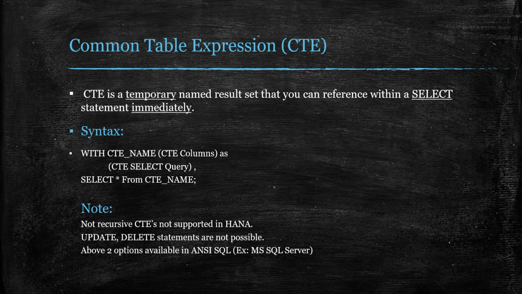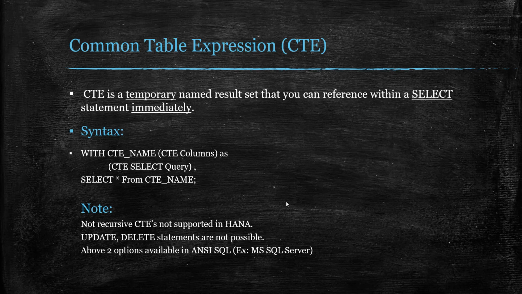But the good news is HANA supports hierarchies. We will cover the hierarchy part in later sessions. That hierarchy gives the same result you are expecting from the recursive CTE, and there are more advanced features in the hierarchies in HANA. Second, update and delete statements are not possible on a CTE.